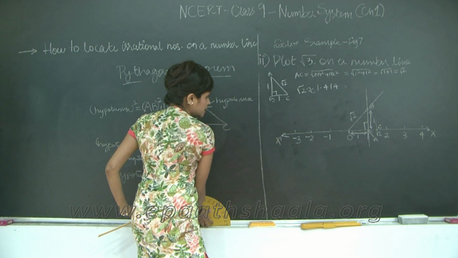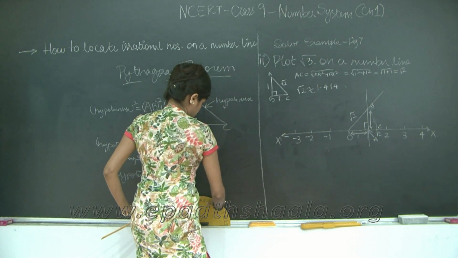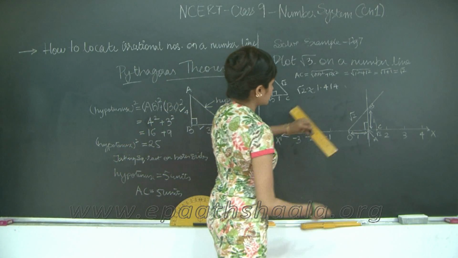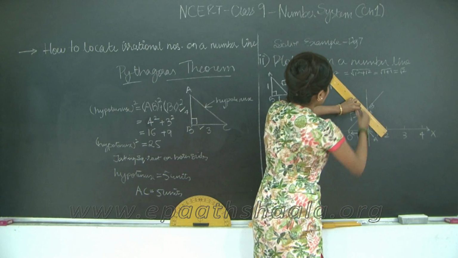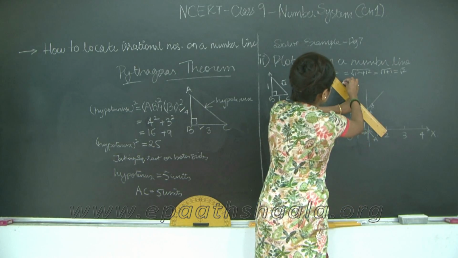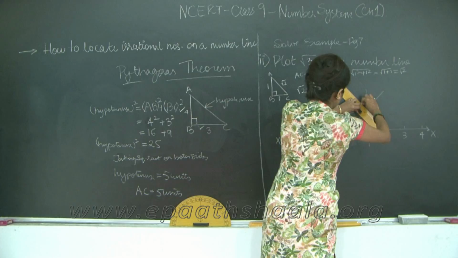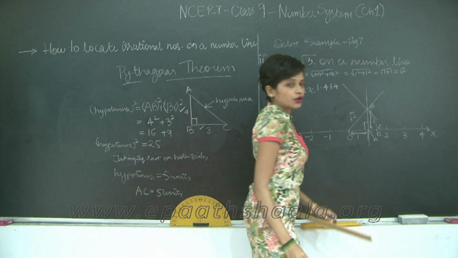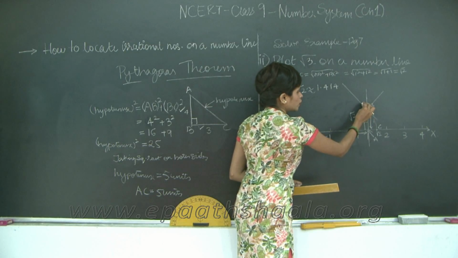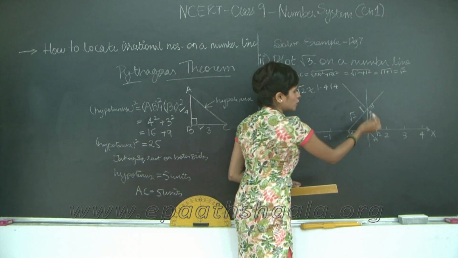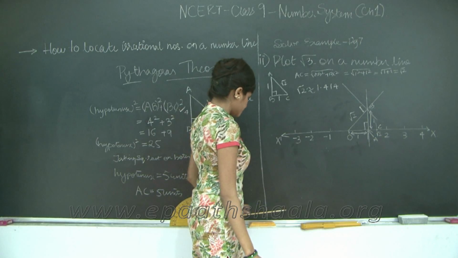Now what I am going to do is, with this point and point B, I am going to draw a line. Right? So this line is perpendicular to line OB, right?